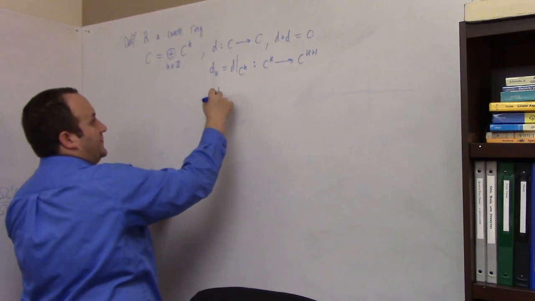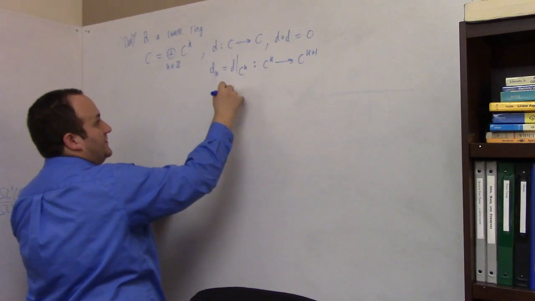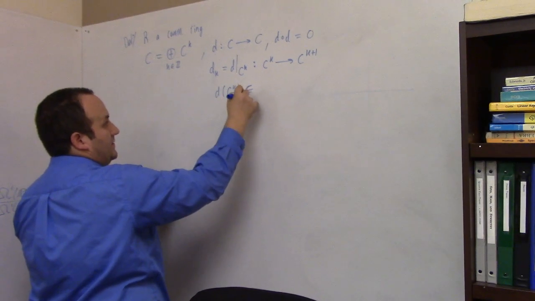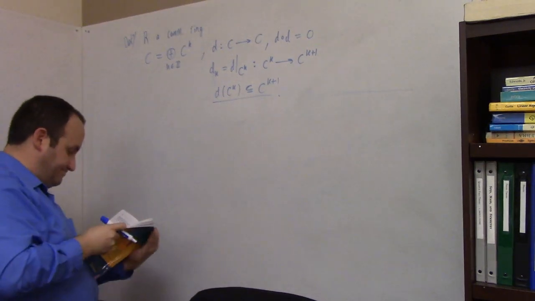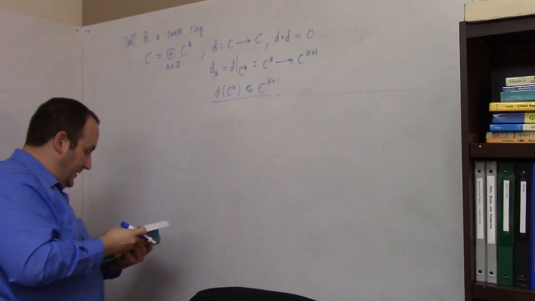In other words, more to the point, D of C_k is a subset of C_{k+1}, right?